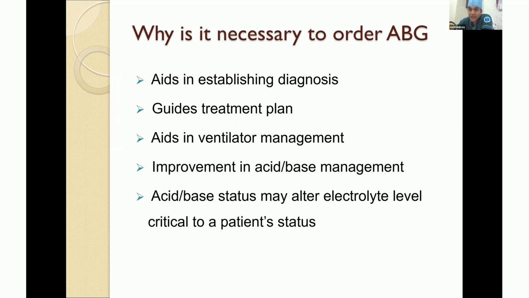And if the patient is on a ventilator, the PF ratio, the oxygenation status is also told by the ABG. So yes, it aids in ventilator management as well. It improves the acid-base management. That is the crux of it. ABG stands for arterial blood gas, and it does tell us about the acid and base management and also the electrolyte status when the patient is very, very critical.